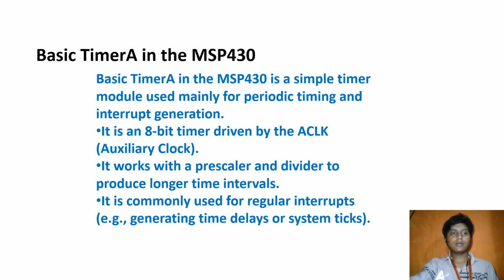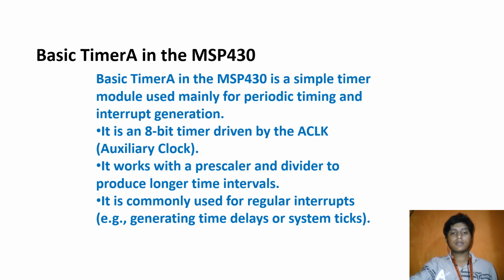The basic timer A in the MSP 430 is a simple timer module used mainly for periodic timing and interrupt generation. It is an 8-bit timer driven by a clock, the auxiliary clock.